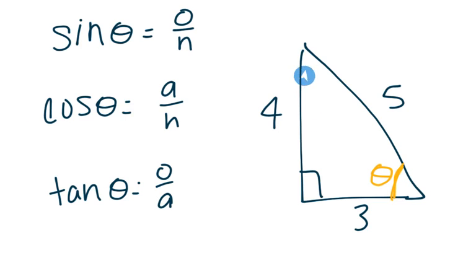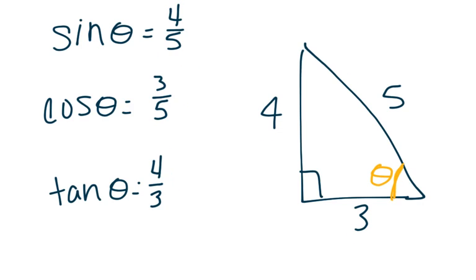If we knew the opposite side and the adjacent side, then we would need to set up an equation like this to solve for theta because that's the information we have. And so we only want to have one variable. So we plug in the information we have and then we solve for our variable. So the first thing I'm going to do is plug in the value of our sides right over here.